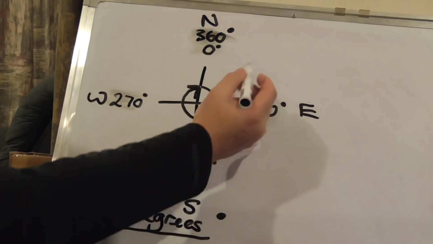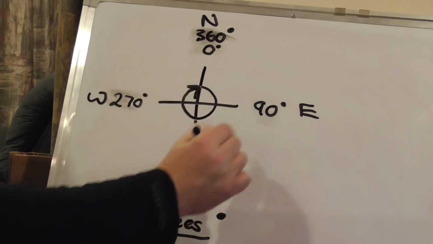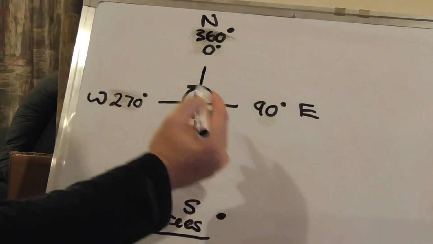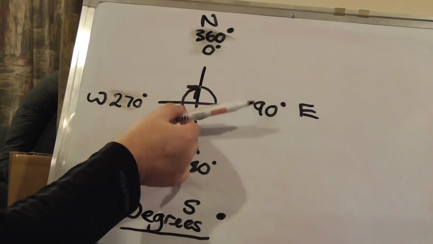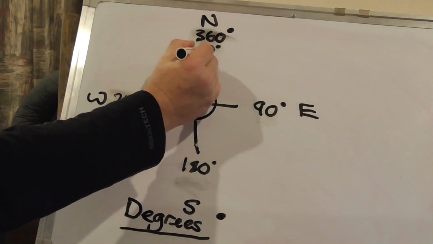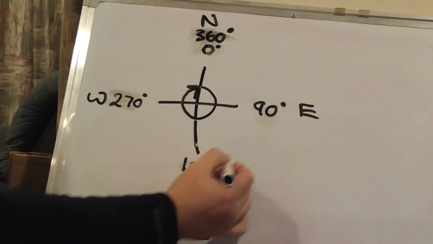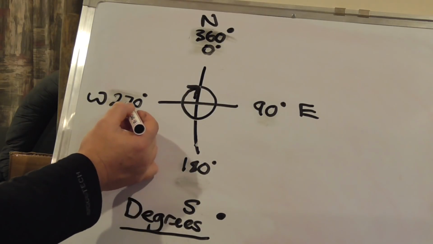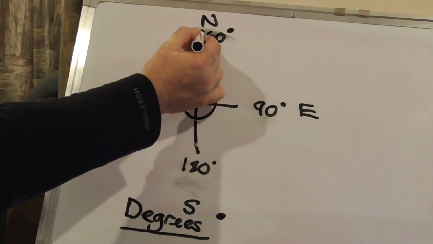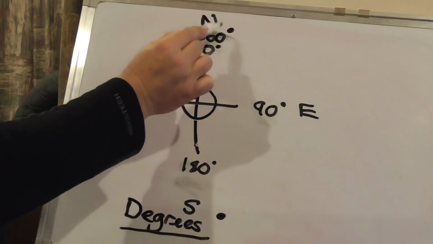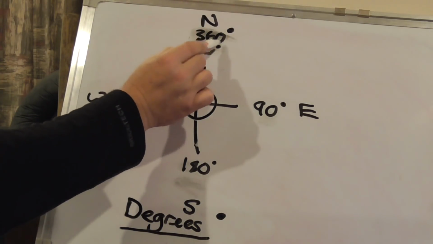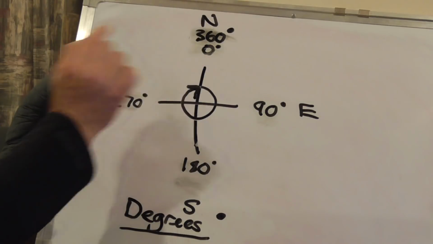In between these, so that's going in a direction like that. Here it goes 0 to 90 to 180 to 270 to 360. So north can be called 360 degrees or 0 degrees.